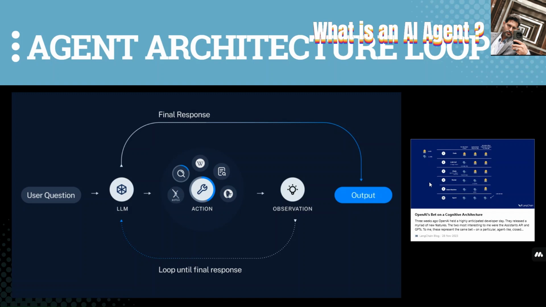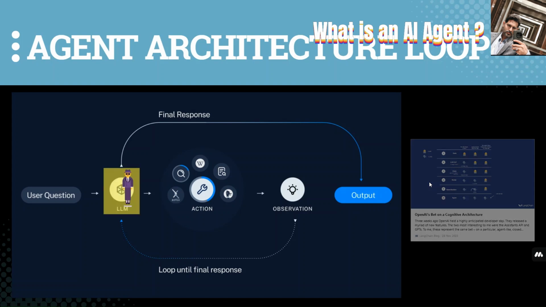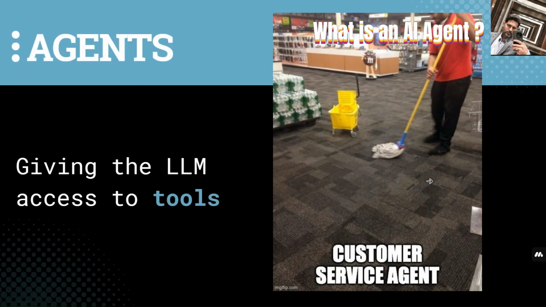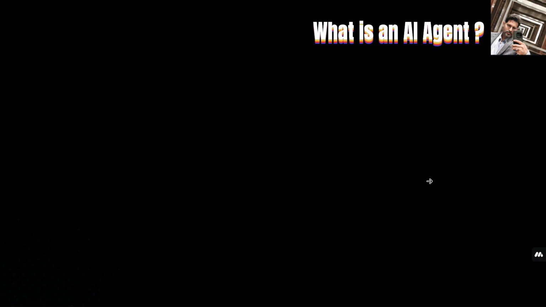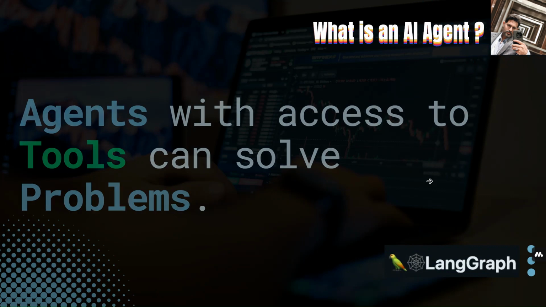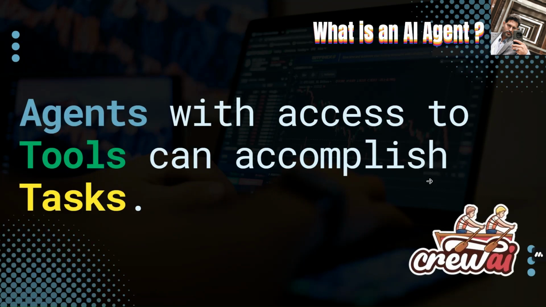OpenAI, for example, uses a cognitive architecture that shows how tools are selected and used automatically based on user input. So the agent enables the LLM to access those tools dynamically. If you are building a customer service agent, for instance, the agent decides which tool to use to solve your issues. That's how task handling works in an agentic system.